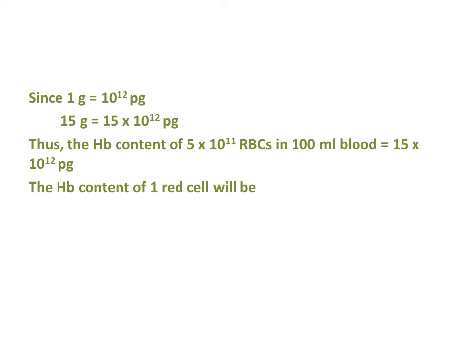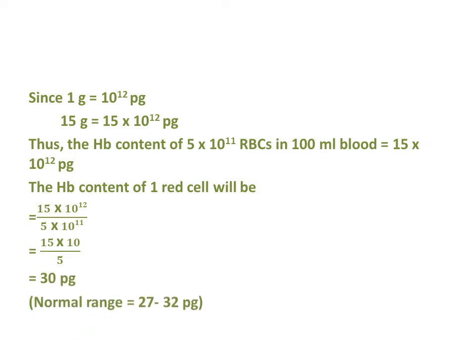The hemoglobin content of one red cell, that is mean corpuscular hemoglobin or MCH, will be 15 into 10 to the power 12 divided by 5 into 10 to the power 11, which is equal to 15 into 10 divided by 5, which is equal to 30 picograms.